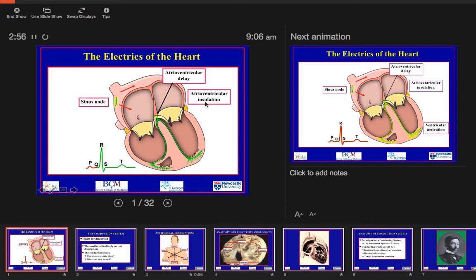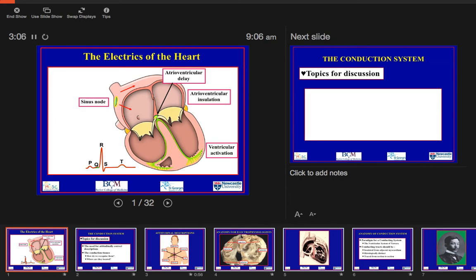But if everything goes normally, the atrioventricular node does its job, it delays the impulse, and then when the ventricles are suitably filled, it passes through, and then the impulse passes all the way down the ventricular conduction tissues so that activation takes place from the apex towards the base, driving the blood into the arterial trunks.